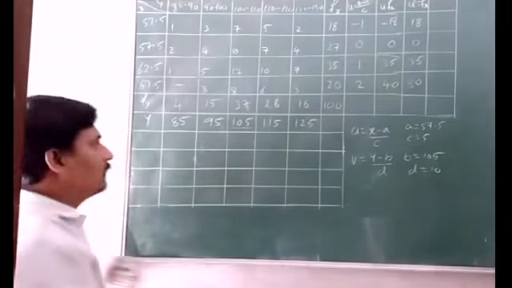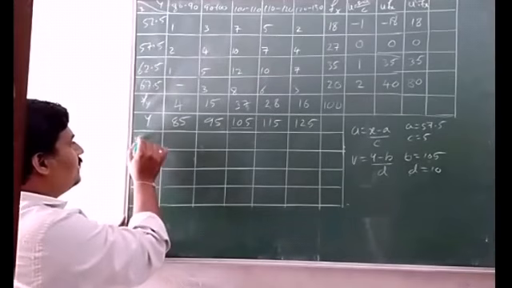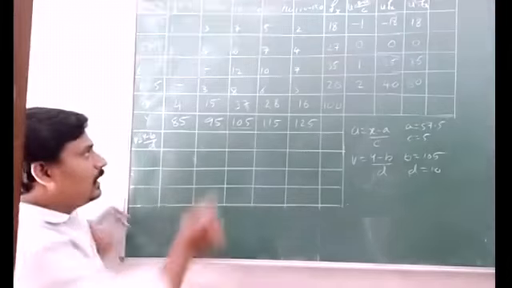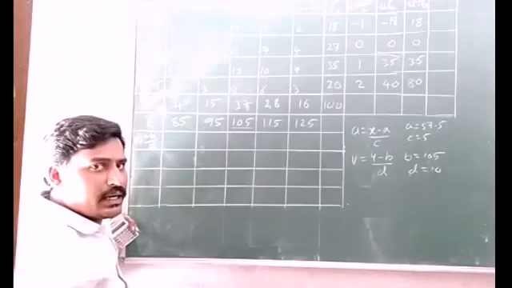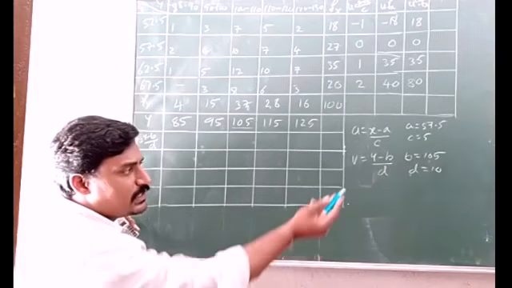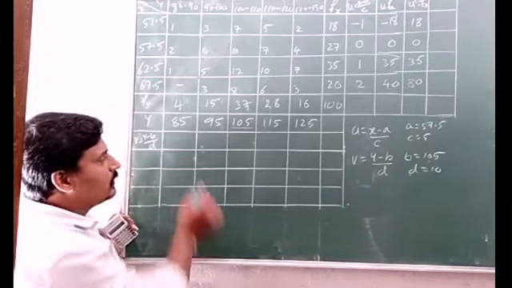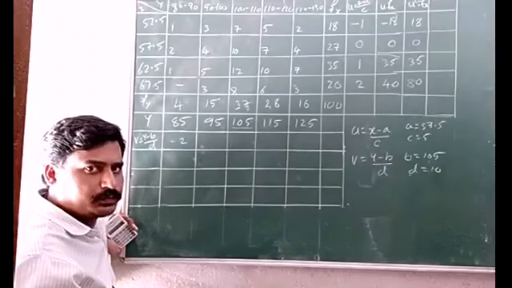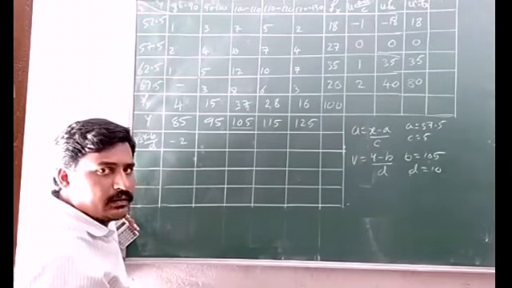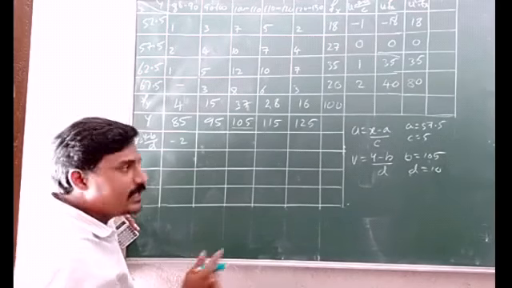Now here V is equal to Y minus B divided by D. That is 85 minus 105. That is minus 20. Minus 20 divided by width 10. So that is minus 2. 95 minus 105. Minus 10. Minus 10 divided by 10.